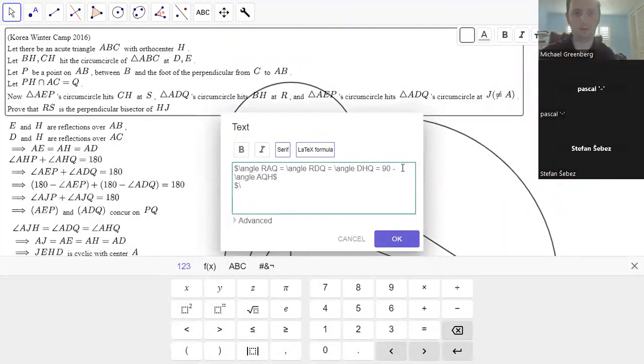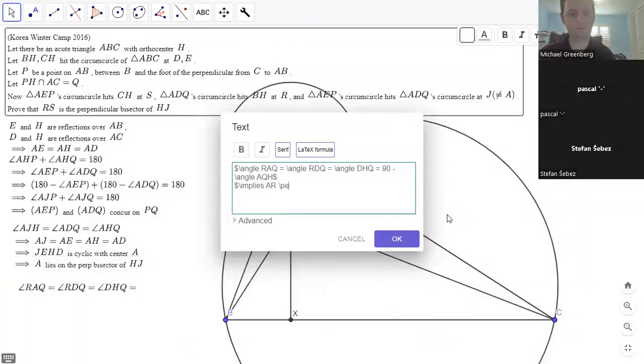And that implies that AR is perpendicular to HJ. And then similarly, AS is perpendicular to HJ. So both of those together imply RS is the bisector of HJ.